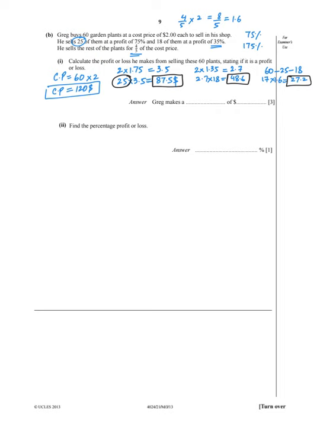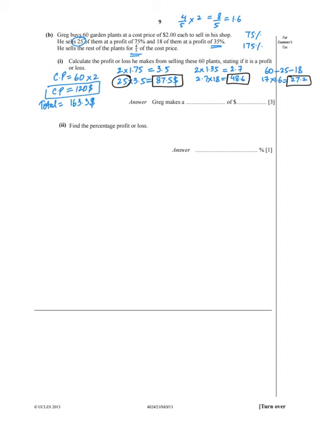And now if I need to find the total selling price, it will be 87.5 plus 48.6 plus 27.2. So the total selling price is 163.3, and he is investing $120.